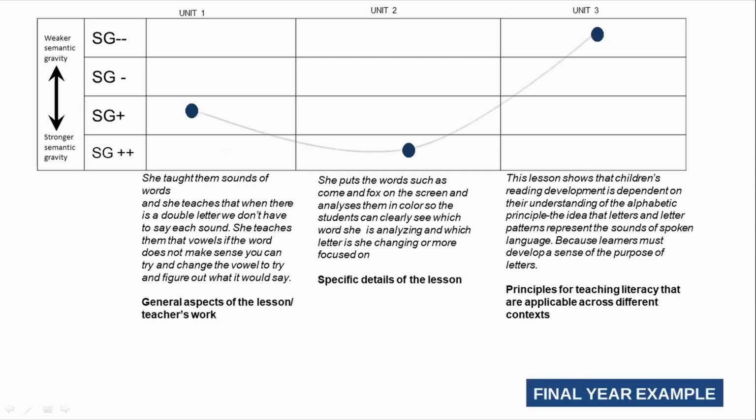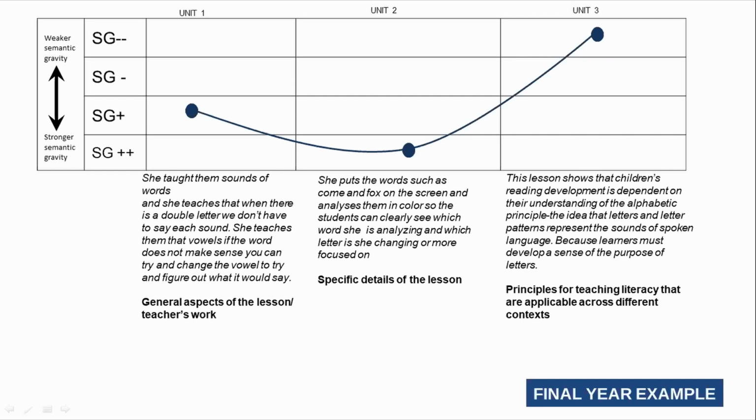Okay, there we go. Here you can see the difference is that although most of it is still quite strongly tied to the context, there is a larger semantic range, where this fourth year student is able to mention principles for teaching that are applicable across different contexts. I found that quite interesting.